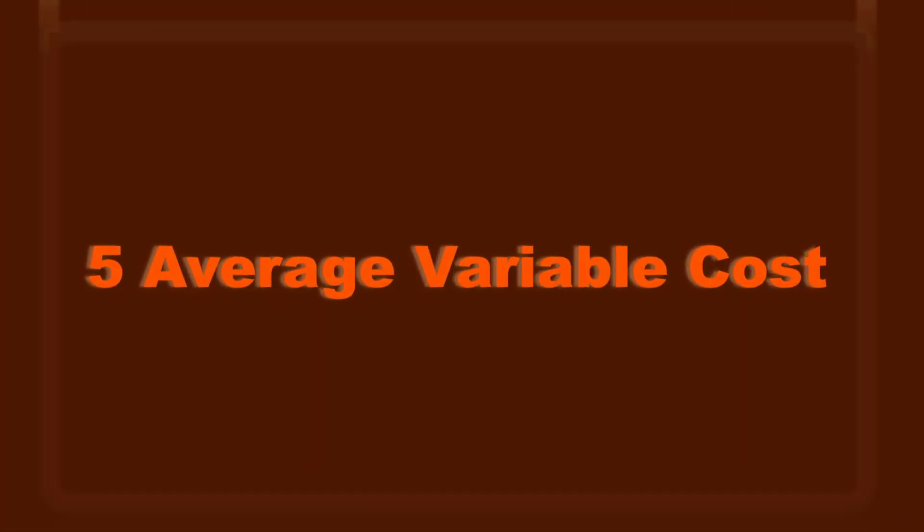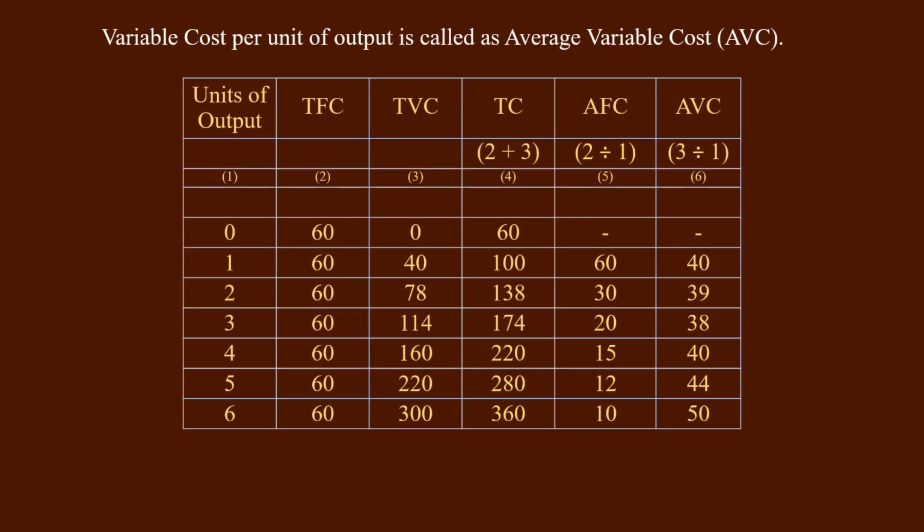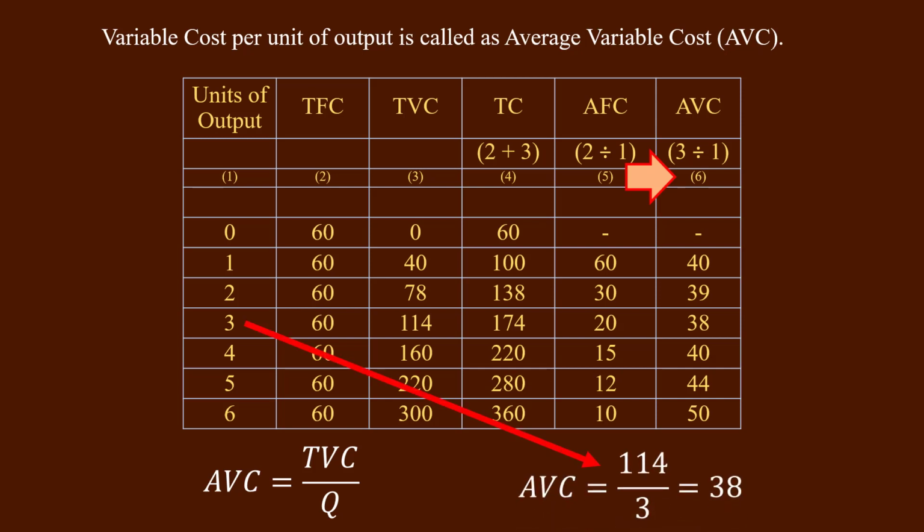Average variable cost. Variable cost per unit of output is called average variable cost. Column 6 represents this. It is obtained by dividing the total variable cost by the number of units of output. When output is 3 units, average variable cost is 3 over 114.38.